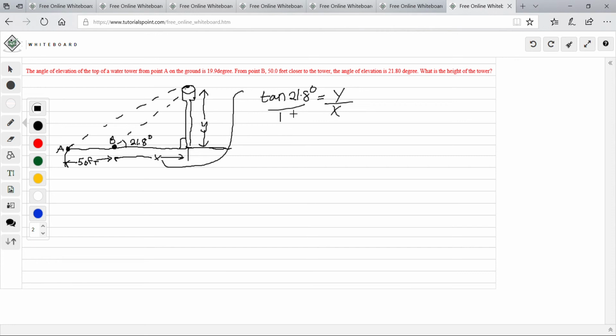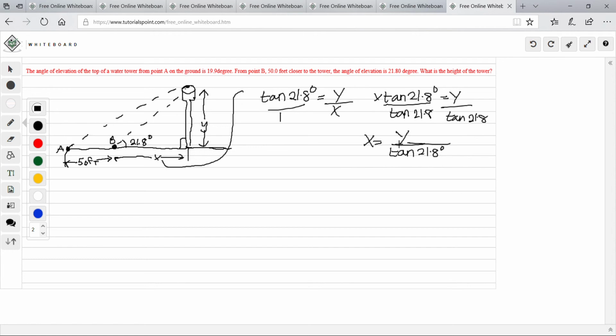When you put the 1 under, and then cross multiply, you get x times tangent 21.8 degrees equals y. And then when you divide everything by tangent of 21.8, you're left with x equals y over tangent of 21.8.